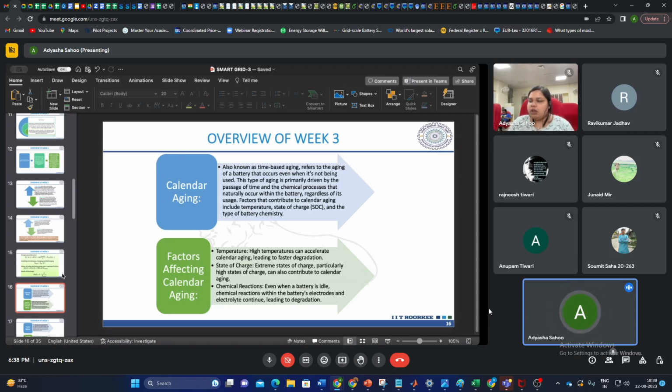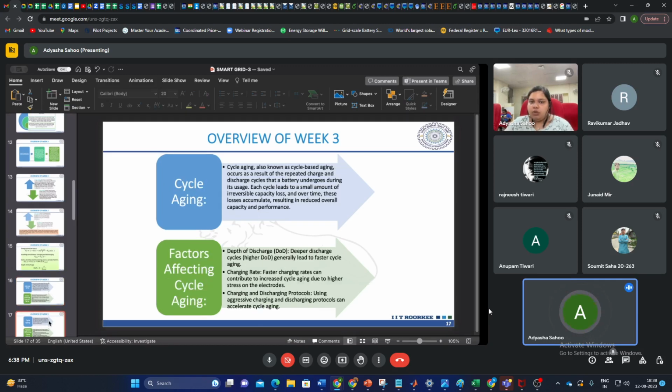And chemical reactions: as we discussed, even when the battery is idle, the chemical reactions within the battery electrodes and electrolyte continue, leading to gradual degradation. This process is known as calendar aging.